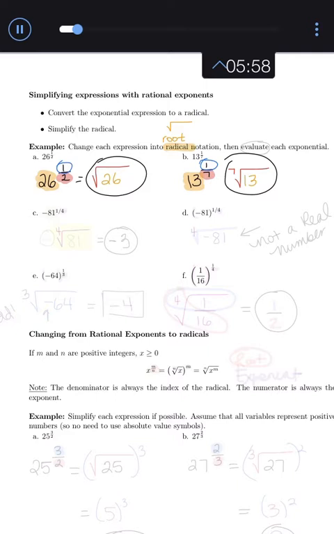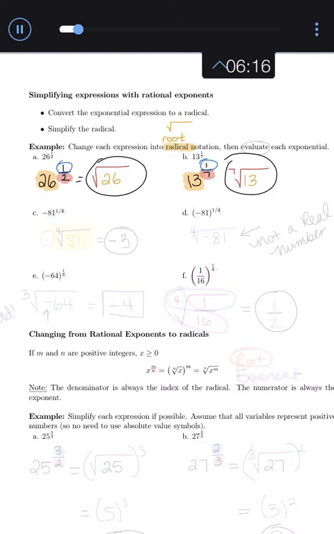Now let's look at C and D at the same time. Notice they look almost identical. The difference is that one has parentheses and one does not. So on one of these, the negative will be on the inside of the root, and on the other, the negative will be on the outside of the root.